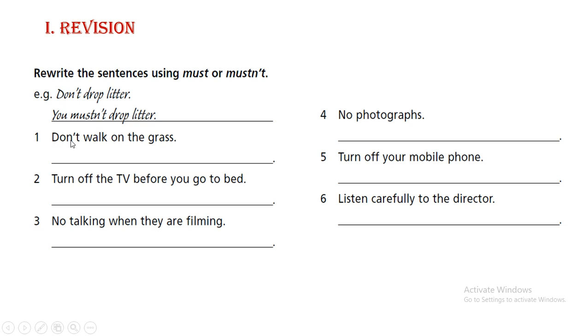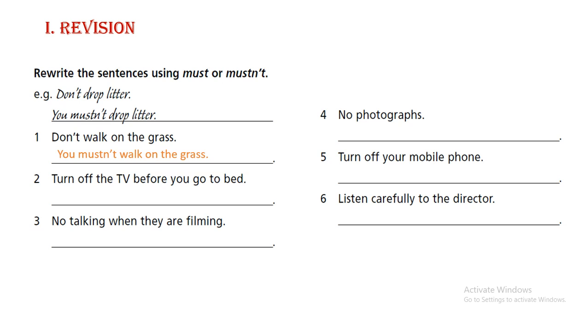How about number one? "Don't walk on the grass." You're going to make the sentence using the subject you. You can say, "You must walk on the grass," or "You mustn't walk on the grass." The answer is, you mustn't walk on the grass.